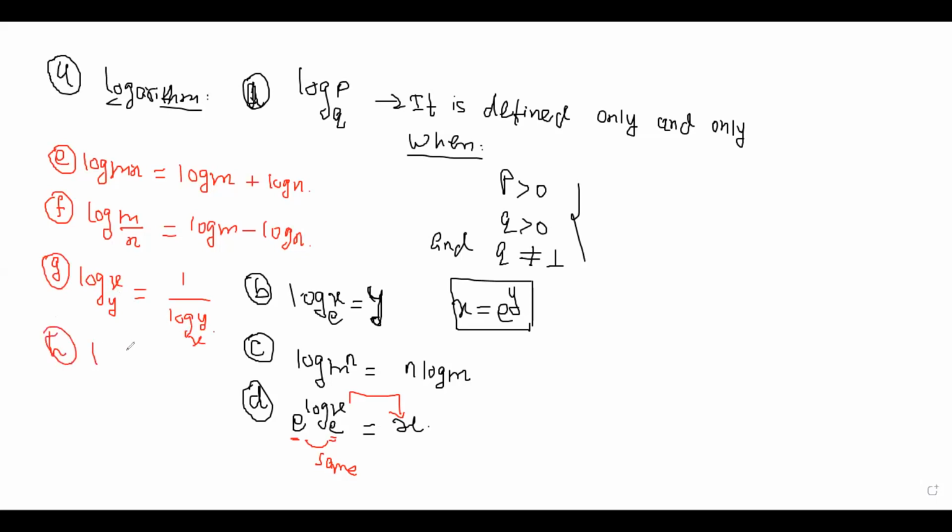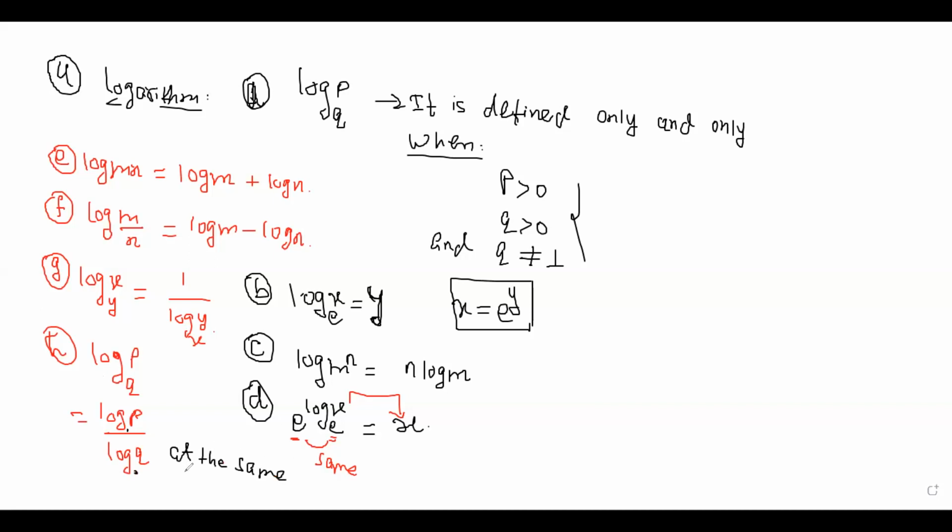Log p base q, very important. It will be log p by log q. But one thing here: these two parts are known as the base, and the base must be the same.